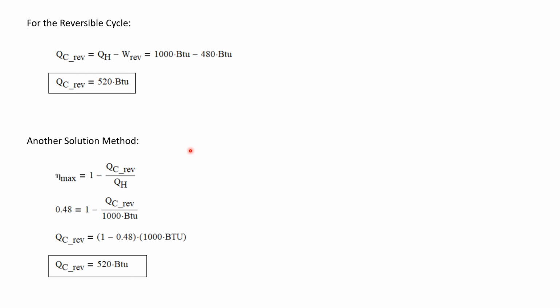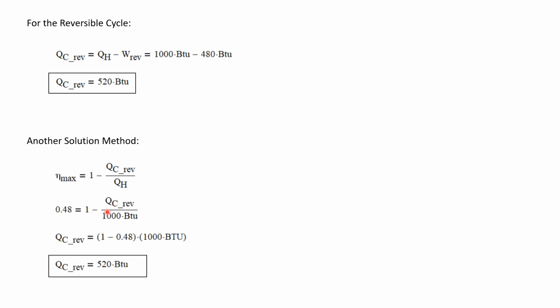We could have calculated this yet another way by looking at the equation for the maximum theoretical efficiency. It's normally given as 1 minus Tc over Th, but for a reversible cycle, Tc over Th is just Qc over Qh. So we know that the maximum theoretical efficiency was 48%.